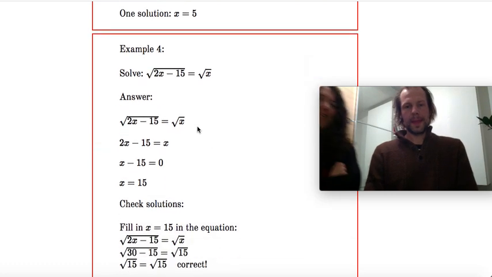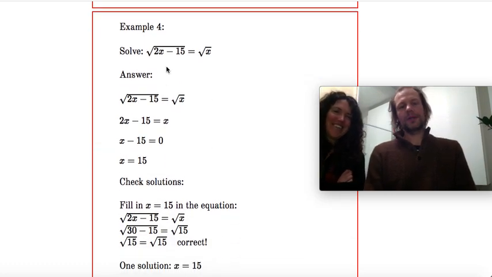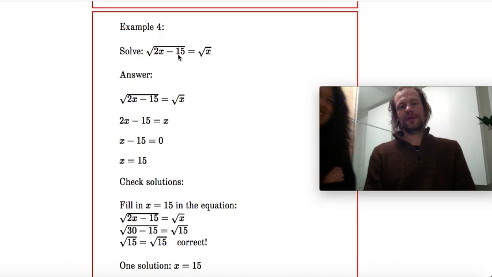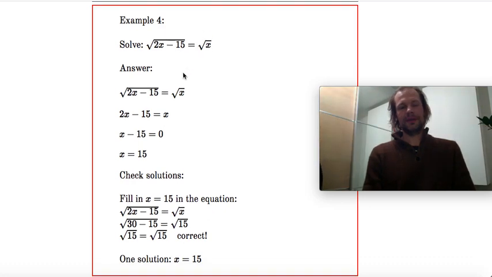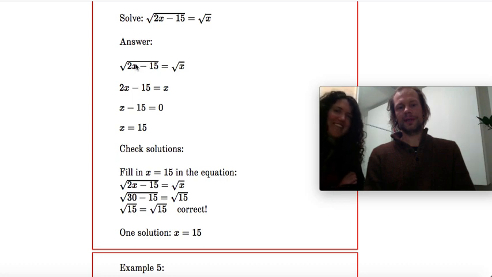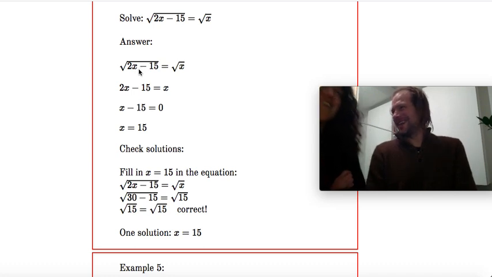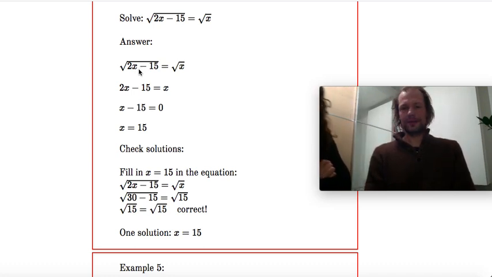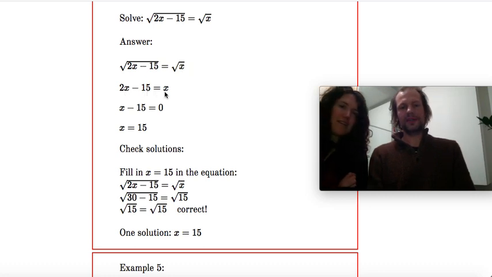Oh, it's getting more and more difficult. No, now we have the square root of something and the square root of something. So the only thing we do is square again, and then all the square roots disappear. If you square on both sides, so 2x minus 15 is x, and that is just a linear equation.